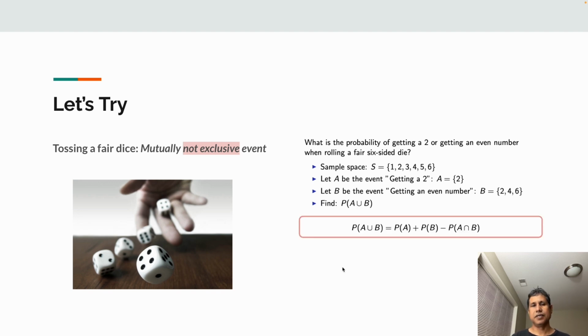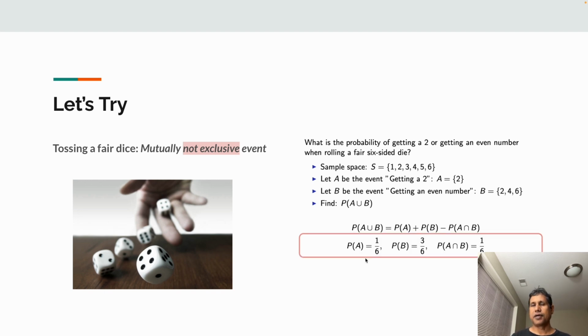In this case, we have a little bit different rule. The probability of A union B is the probability of A plus the probability of B. Then we have to subtract the probability of A and B, okay? Because there is an overlap, because 2 can be in both sets, okay? So the probability of A is 1/6 because 2 is one of the 6 instances.